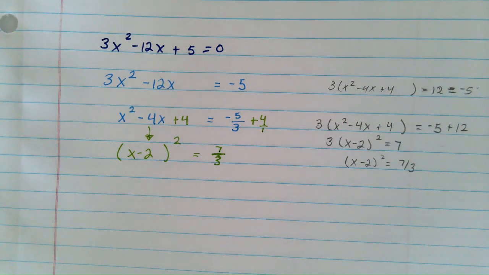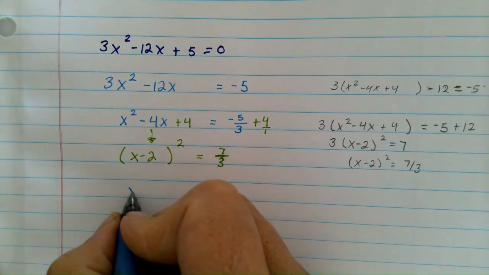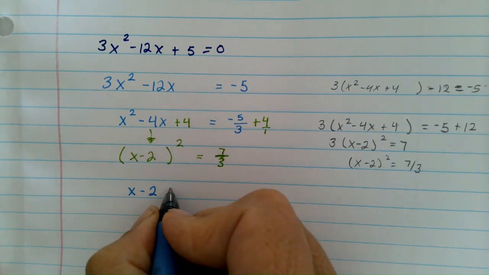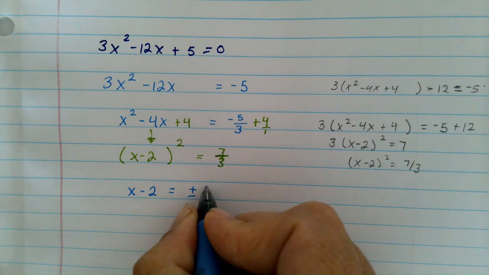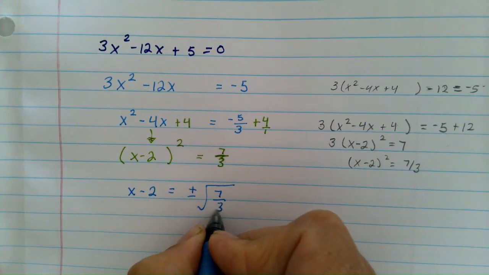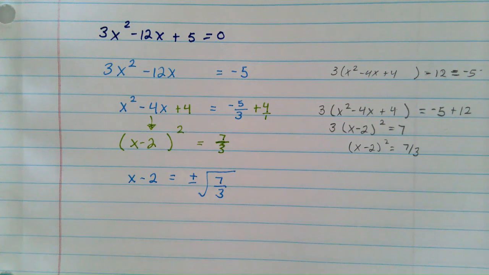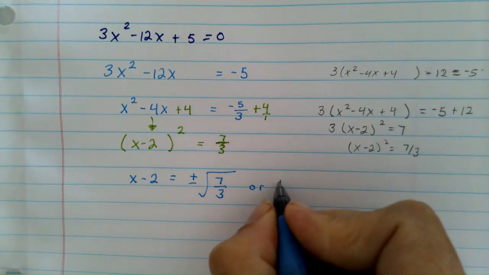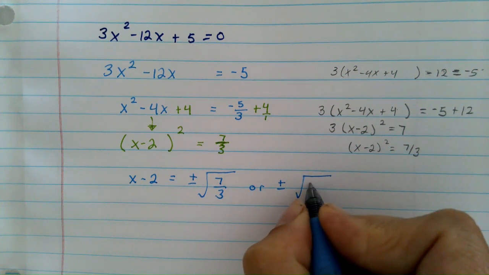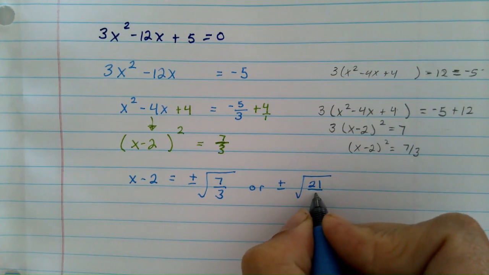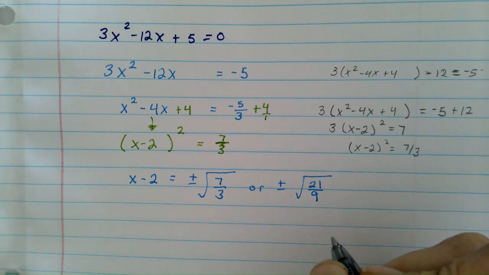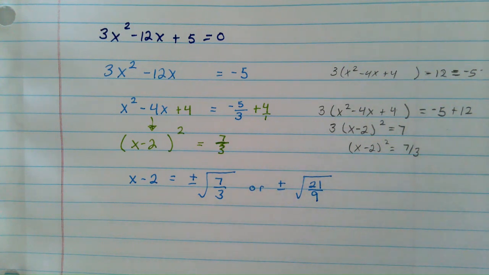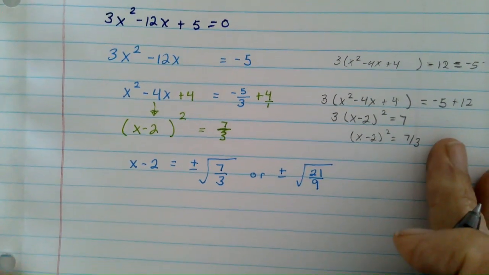Okay, so their next step is to do the square root of both sides. Now a quick reminder is that our denominators always have to have a perfect square root, and right now 7/3 does not have a denominator that's going to have a perfect square root. So I'm going to change this to 21/9. Times 3 and times 3, right?